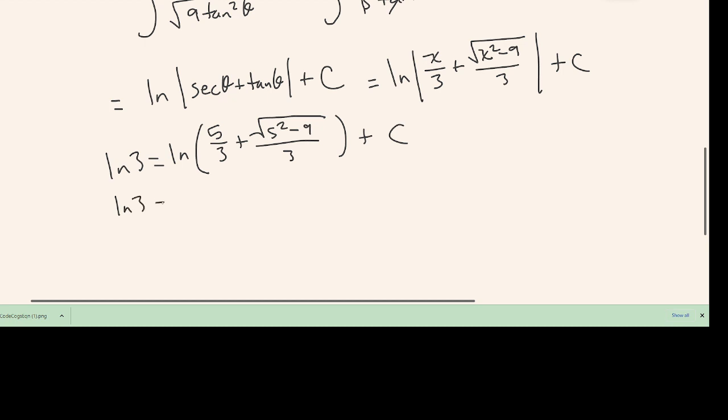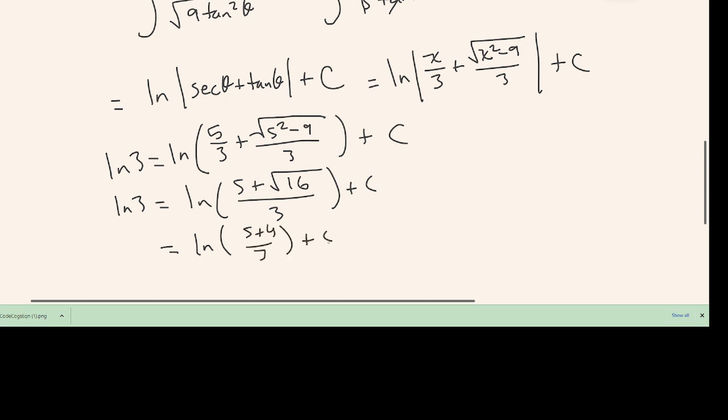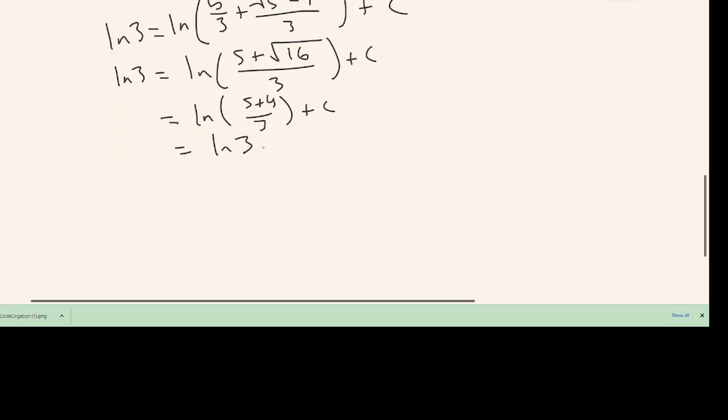So the natural log of 3 will equal the natural log of 5 plus the square root of, what's that, 16 over 3 plus c, which will equal the natural log of 5 plus 4 divided by 3 plus c, which will equal the natural log of 3 plus c. So if that's the case, then c must be equal to 0, which is convenient.